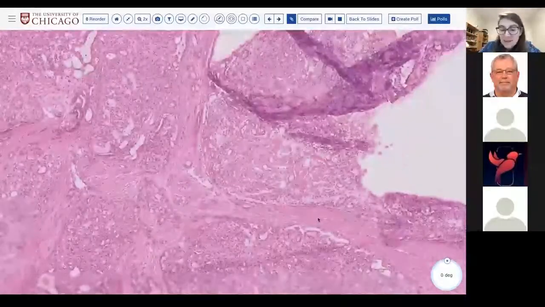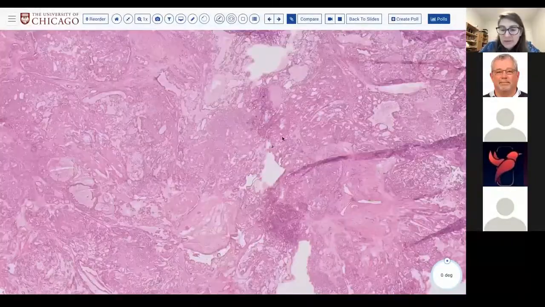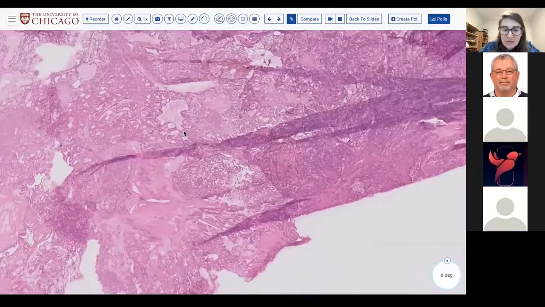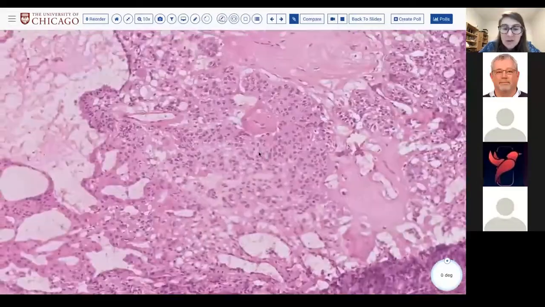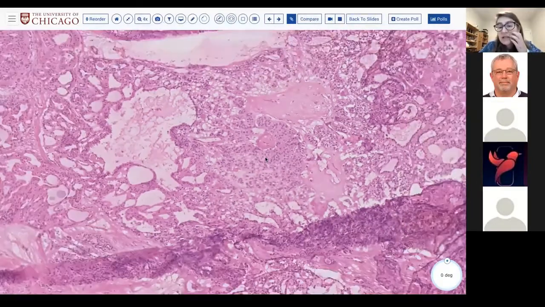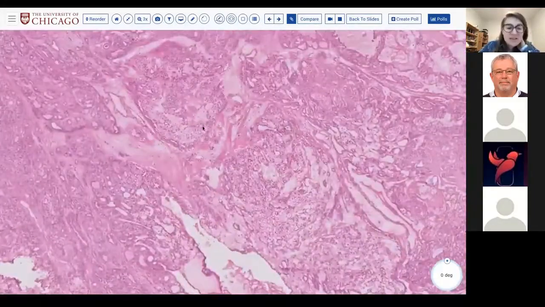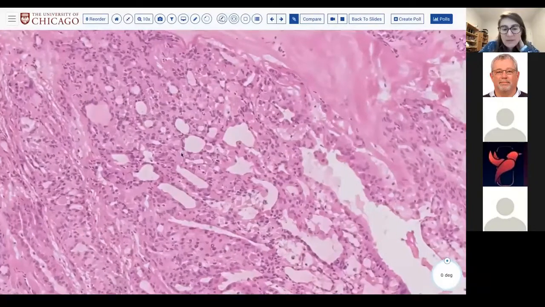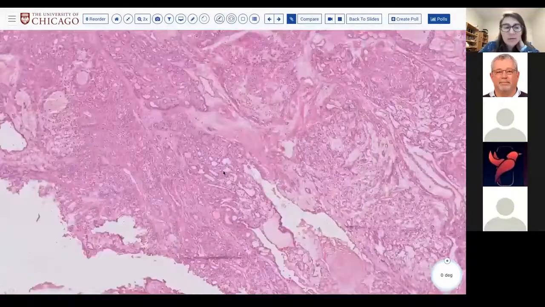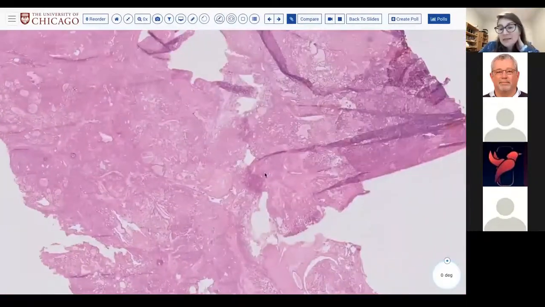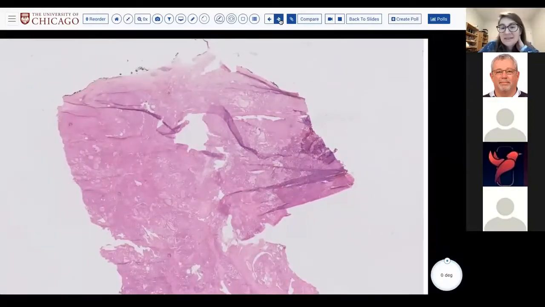If anybody wants to throw out a differential in the chat, please feel free. Otherwise, I will just move on. So this was called a low-grade salivary neoplasm. The person at the time of frozen favored this to be a pleomorphic adenoma, probably because that's the most common tumor that we see.